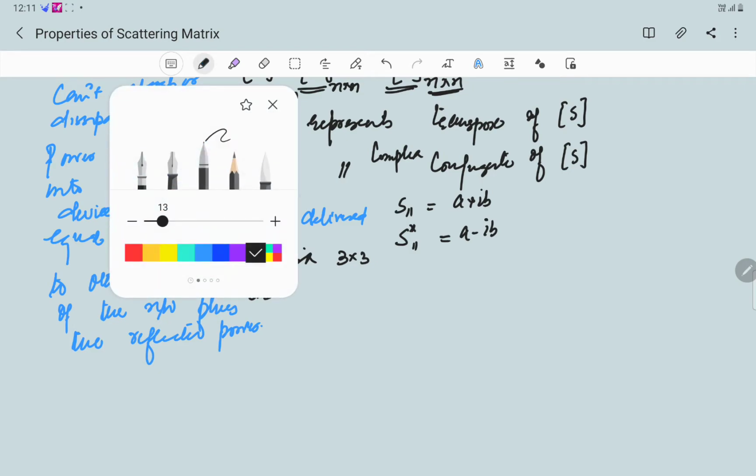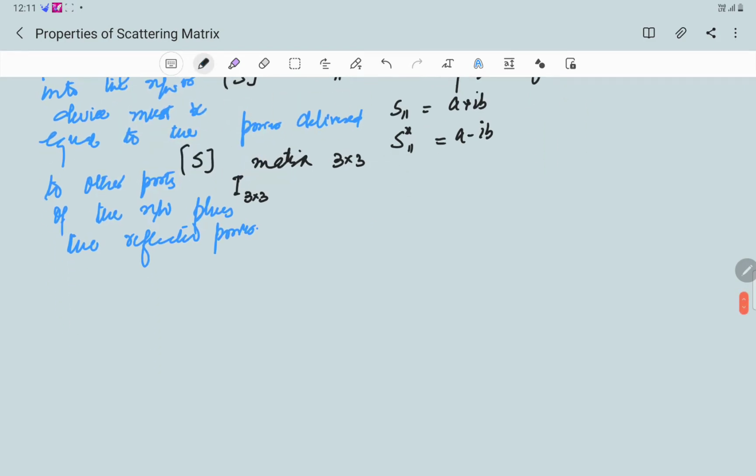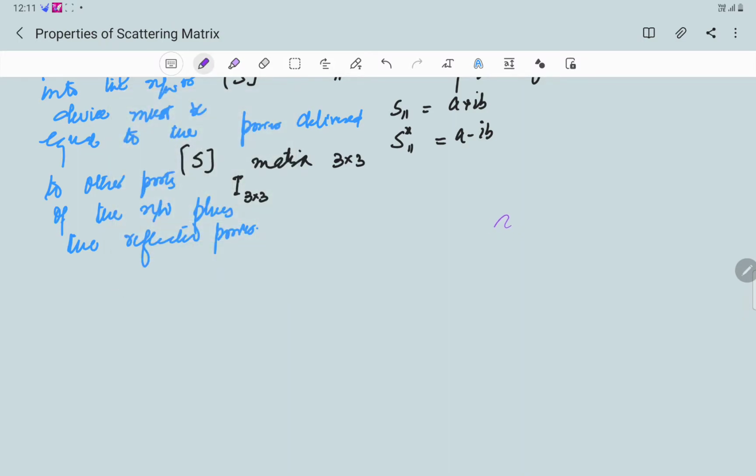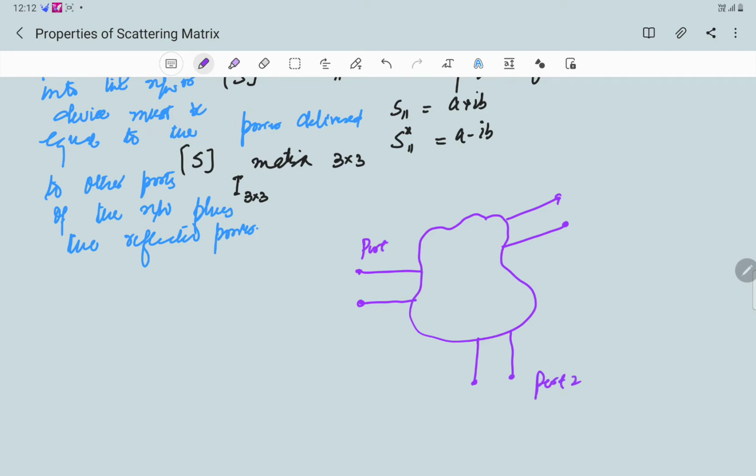Say for example, let us assume that we have a 3-port or an n-port network in general. I have this as port 1, this as port 2, and this as port 3.